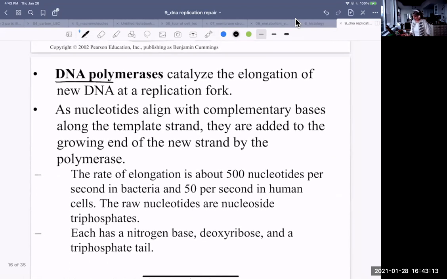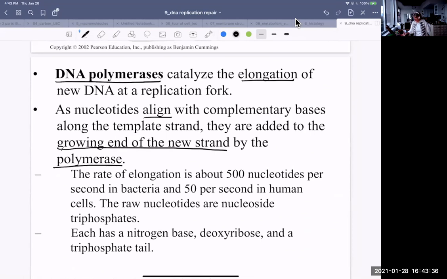Some of the enzymes are known as DNA polymerases. They catalyze the elongation of new DNA at the replication fork. The nucleotides align with complementary bases, and they're added to the growing end of the new strand by DNA polymerase. What is the rate?